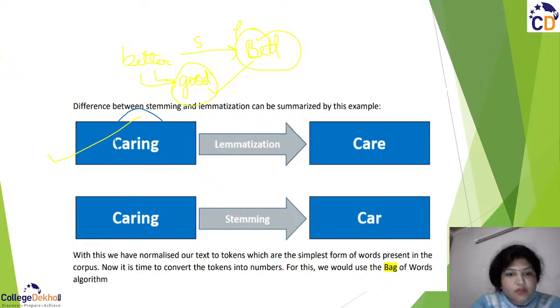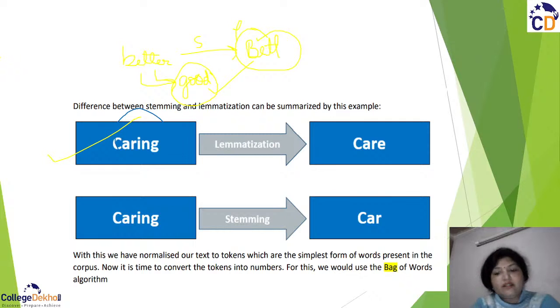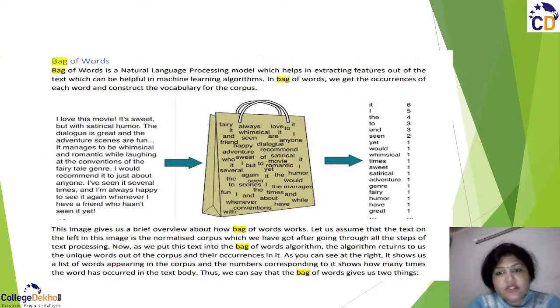Now it is time to convert the tokens into numbers. For this, we use the bag of words algorithm. These are the pre-processing steps which need to be done before applying the bag of words algorithm. So now you have converted the words into tokens.